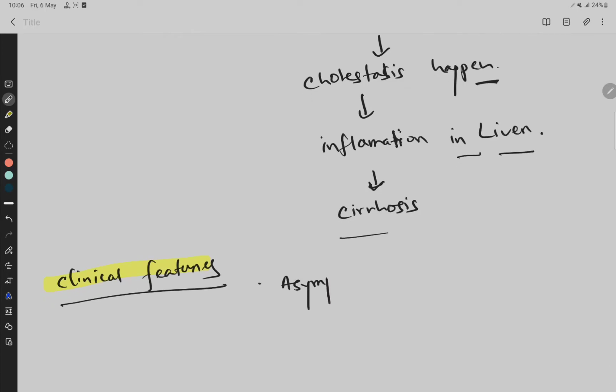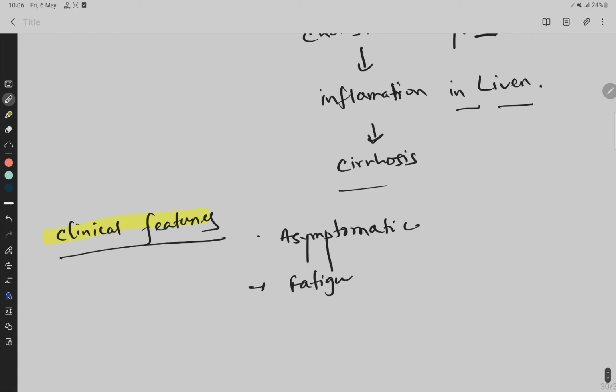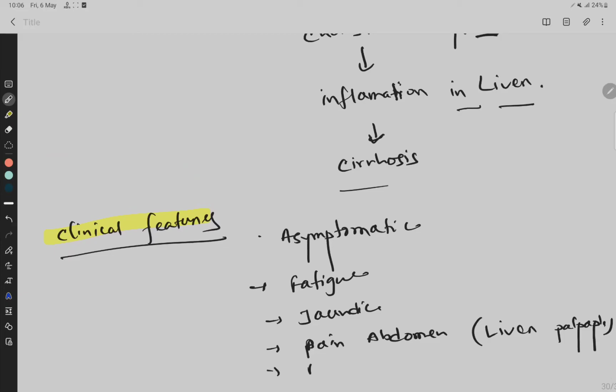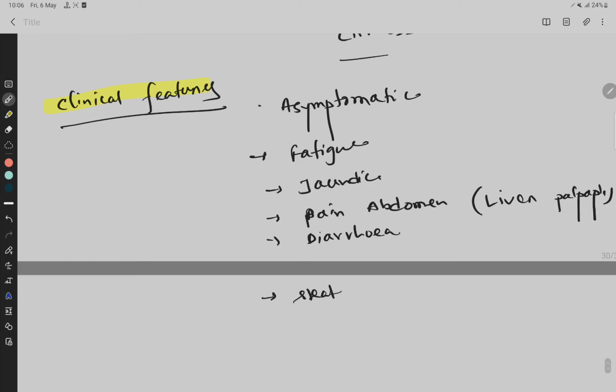Most of the patients are asymptomatic. Then fatigue, jaundice, then pain abdomen, and liver palpable, then diarrhea, steatorrhea, and pruritus.